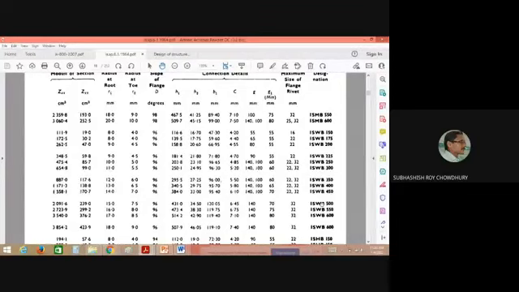So I am telling all of you to consider ISMB sections. If the loads are very small or the span is very small, you may go for ISLB sections, but never consider ISJB, ISWB or ISHB sections. These are not available in the market now.